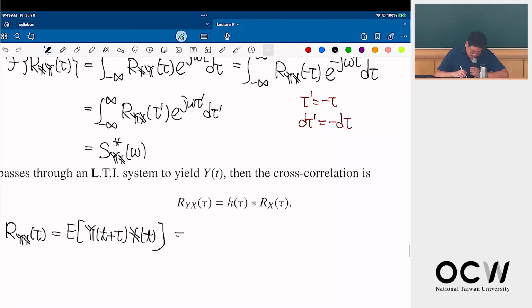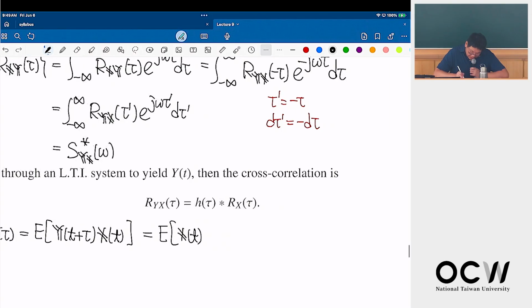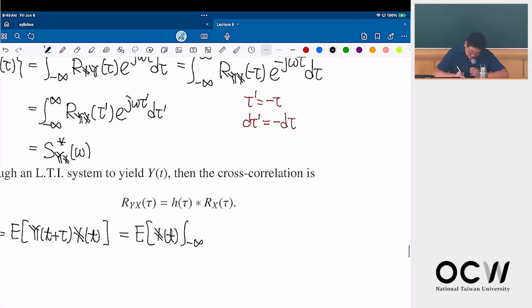And we know that we sent the X to an LTI system to get Y. So how do we express Y? Integration of X. We have Y of t plus tau, so we have X of t plus tau minus r, h of r dr.